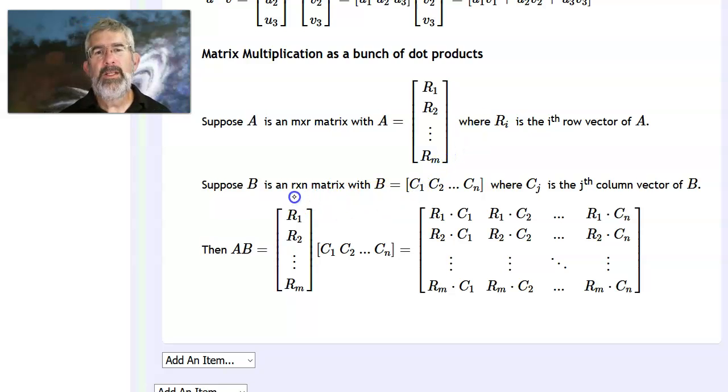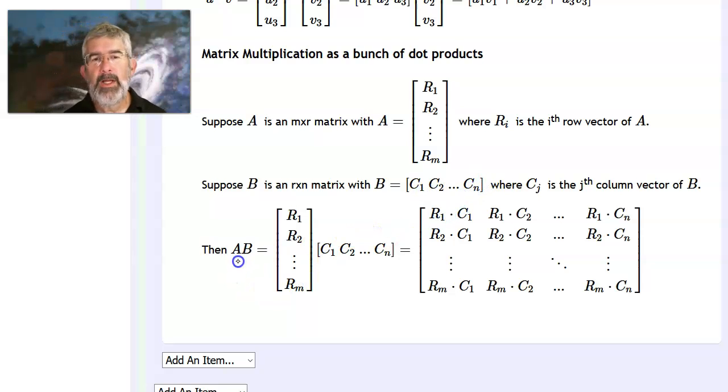Likewise, if B is an r by n matrix, then I'm going to write B as a bunch of columns. So C1 is the first column, C2 is the second column, up to Cn, the nth column. And I call them vectors here. They're just r by 1 matrices. There are r rows and 1 column in each one of those columns.